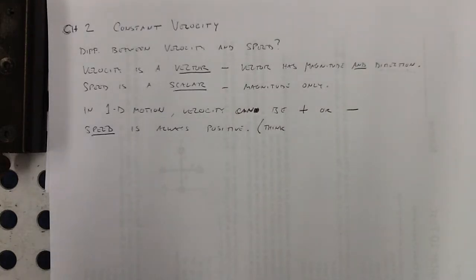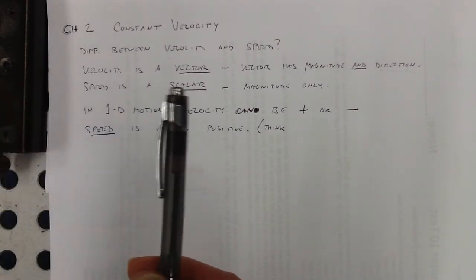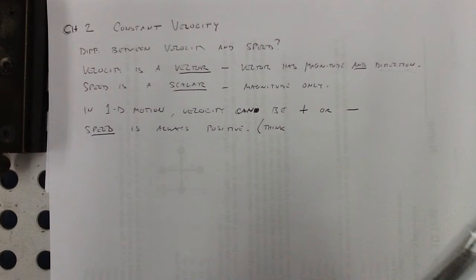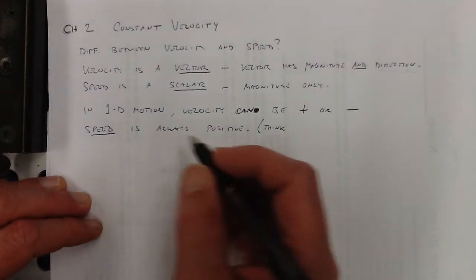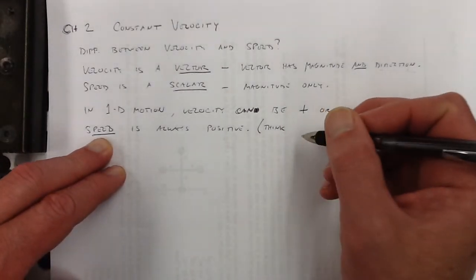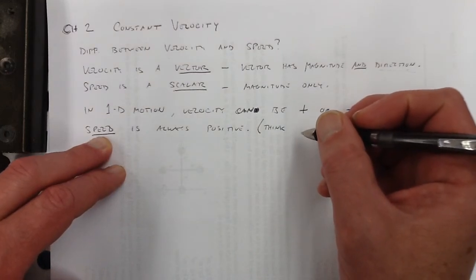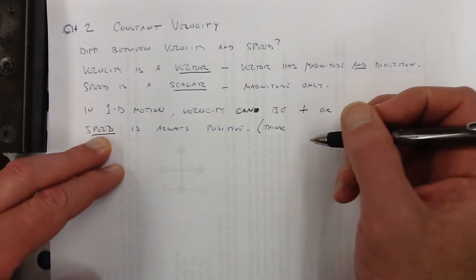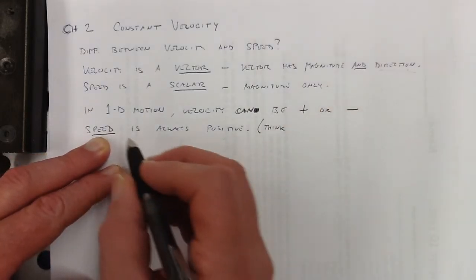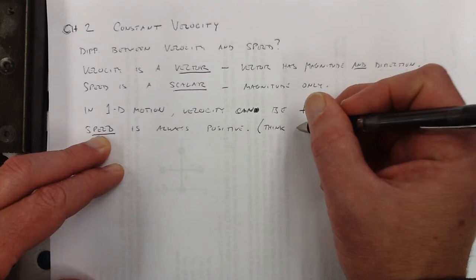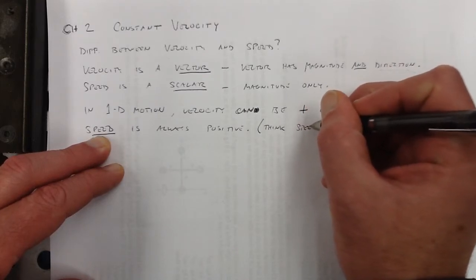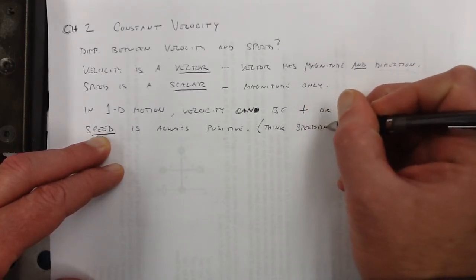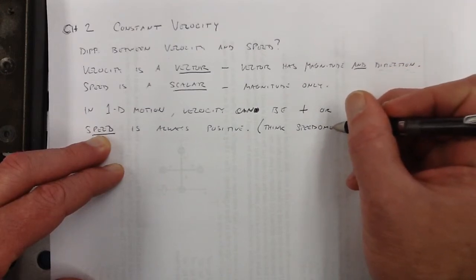Now, I had some smart aleck student try to convince me one year that some cars, when you were going in reverse, would have a negative number, but I think that's not true. So anyway, it's a speedometer. It tells you how fast you're going, but only the magnitude of that. Only how fast, doesn't care about direction. Doesn't care if you're going north or south or east or west. So speed is always positive, and we got that nice reminder of the speedometer.